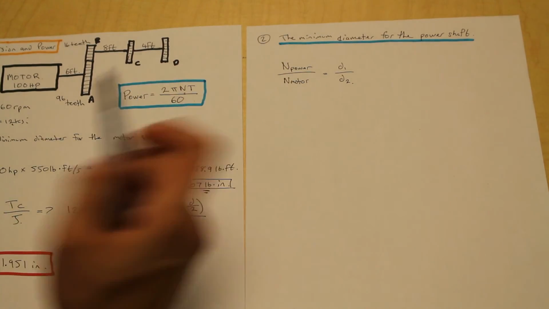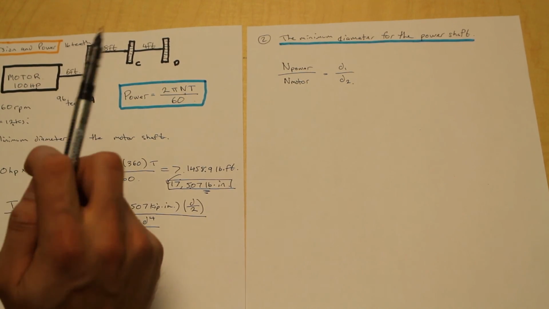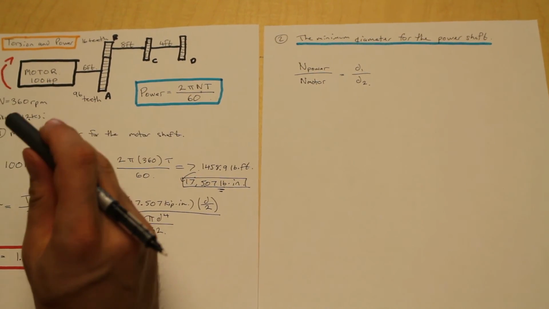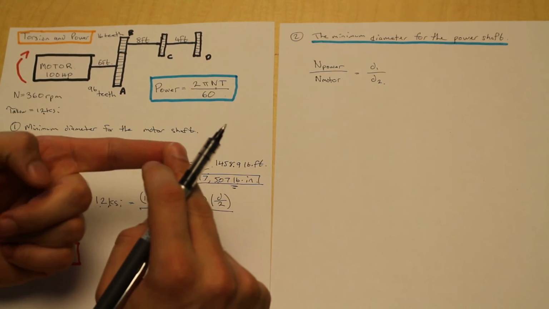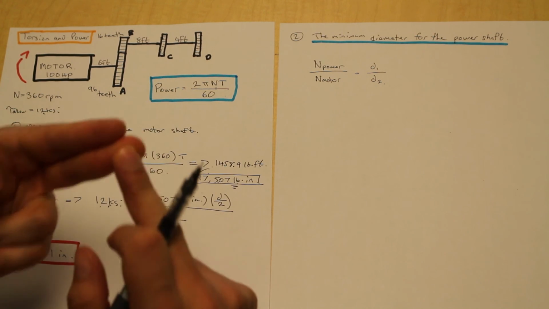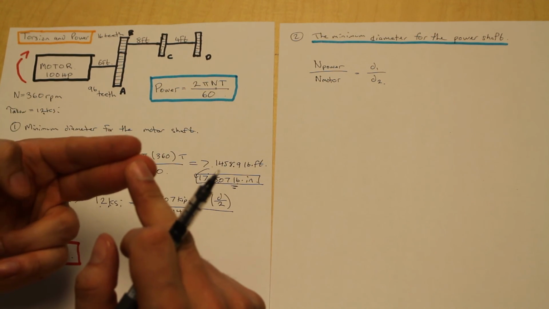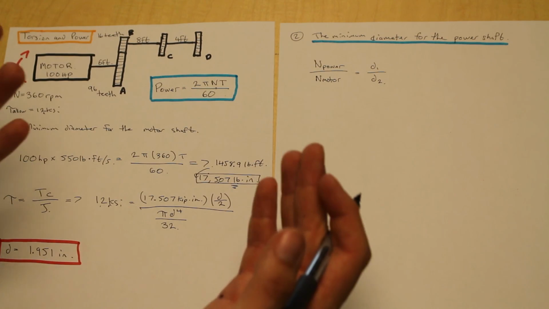And if you'll notice, there's a little bit of a trick in this question: we're not given the diameter of the gear. In this one, we're given the number of teeth in the gear, and that's a possibility. You can either be given the diameter of the gear, or you can be given the teeth. Don't freak out. It's exactly the same thing. You just take the number of teeth and use that as your ratio.